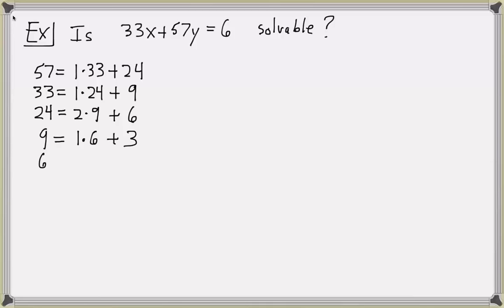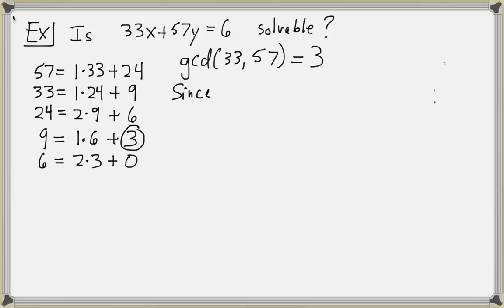And then 6 equals 2 times the remainder 3 plus 0. So the last non-zero remainder is 3. So by the Euclidean algorithm, we see that the greatest common divisor of 33 and 57 equals 3.